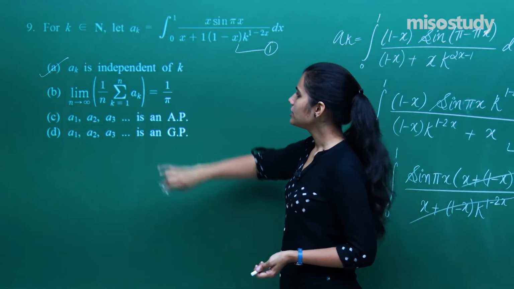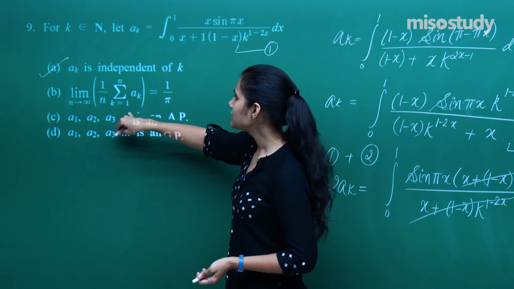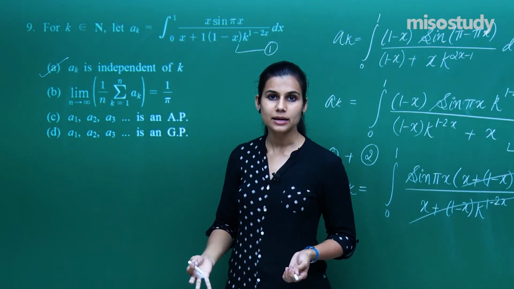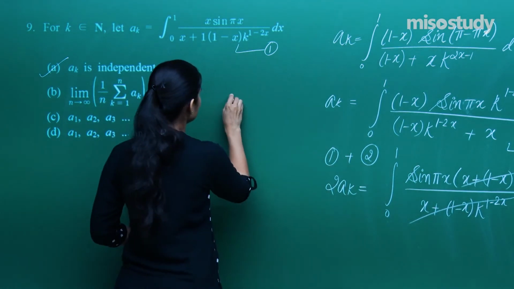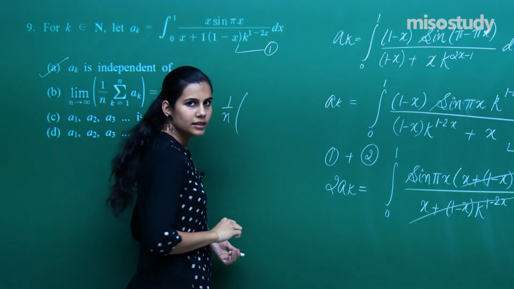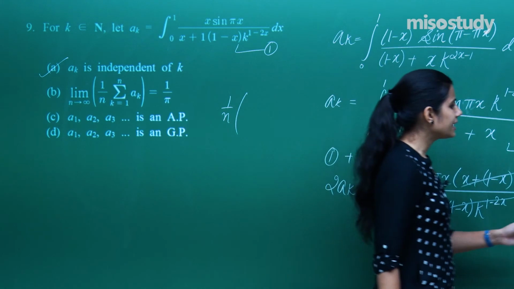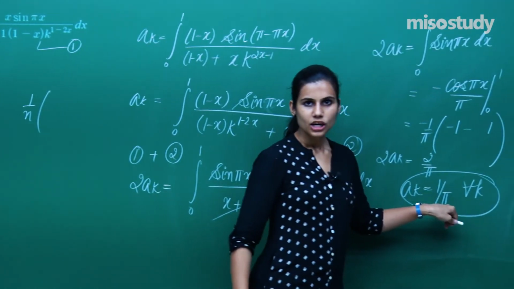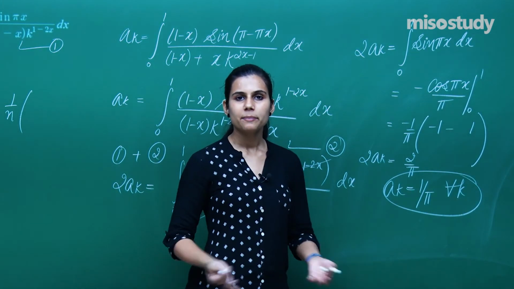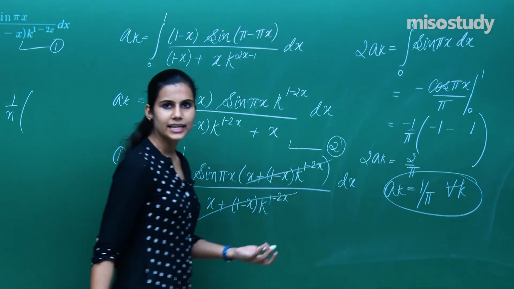Moreover, if I talk about the second one, where you are adding ak's from 1 to n and then multiplying the sum by 1 by n, it is actually 1 by n times a1 plus a2 plus a3 up till an. Now ak for every k is 1 by pi. So a1 is 1 by pi, a2 is 1 by pi, a3 is 1 by pi, and so on, an is 1 by pi.